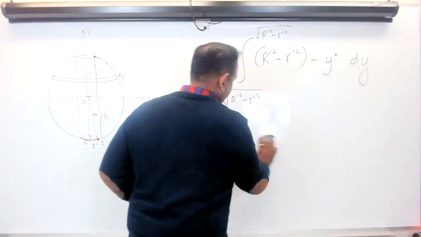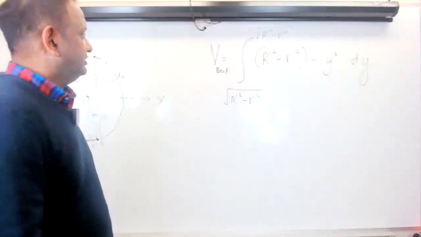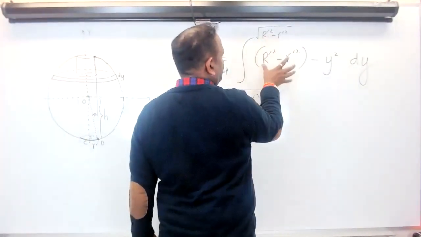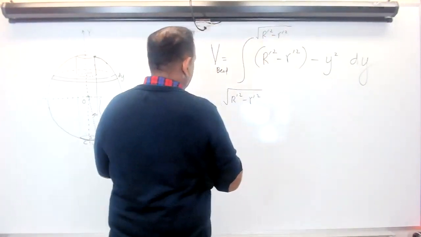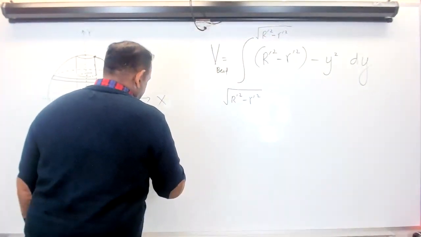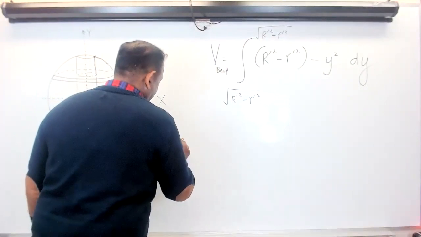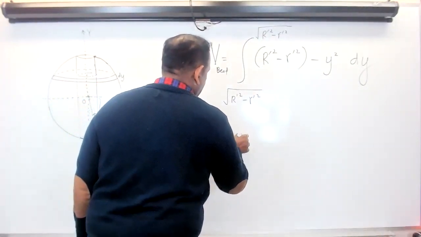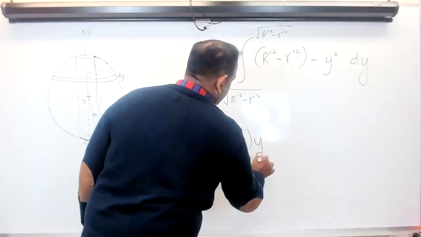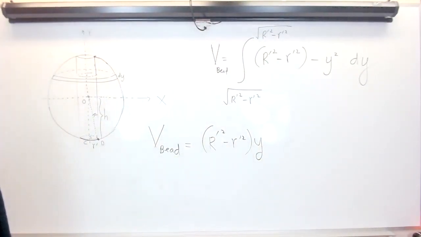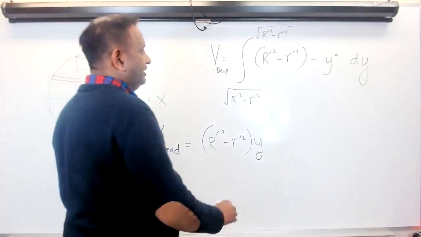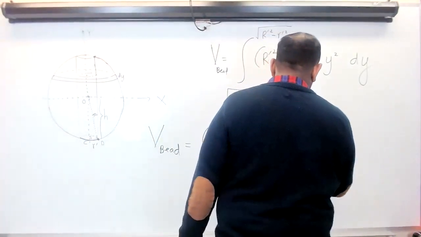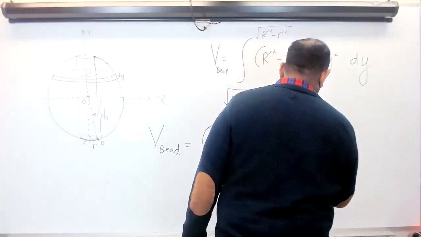Let's integrate, very easy. These are constants, and y is the variable. So V of the bead is nothing but the constant times y when you integrate, and this one becomes y cubed over 3.